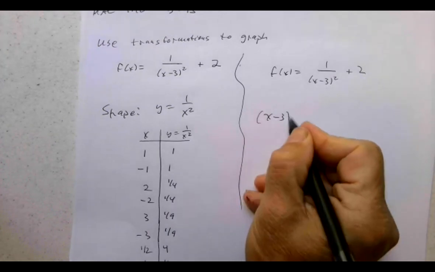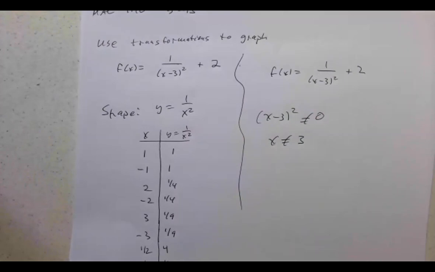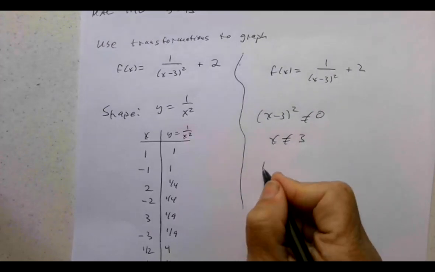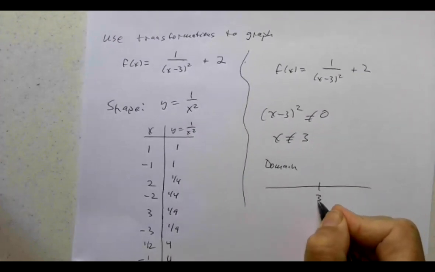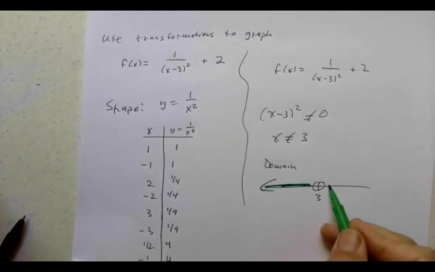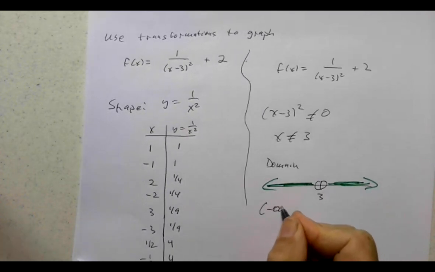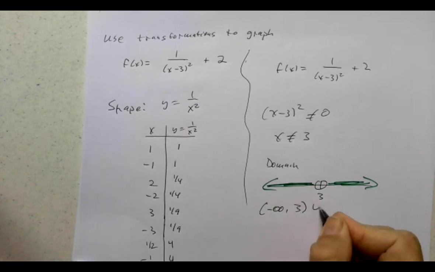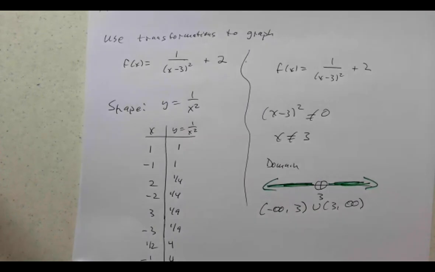So x minus 3 squared cannot be 0. So x cannot be 3. So in terms of my domain, domain is everything except 3. So remove 3. Everything to the left is there. Everything to the right is there. So in terms of interval notation, that's negative infinity to 3, union 3 to infinity.